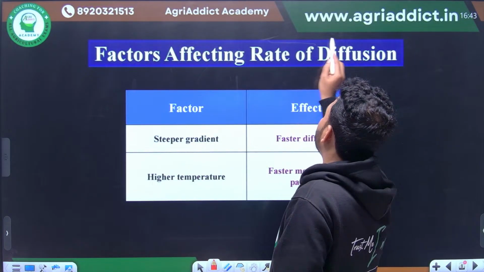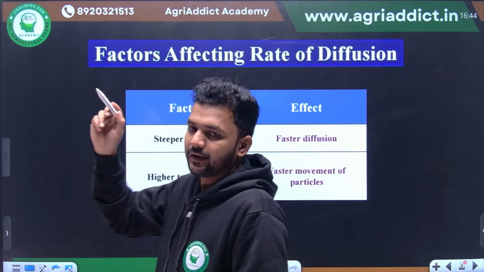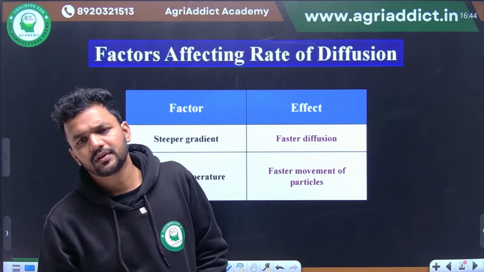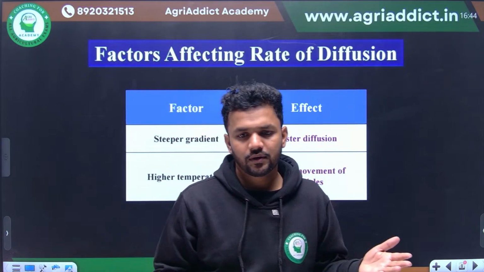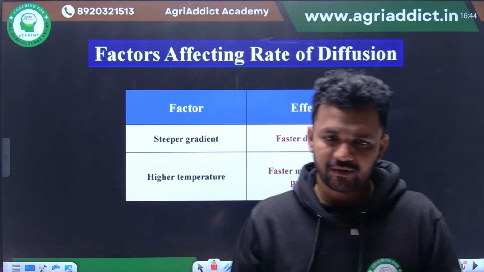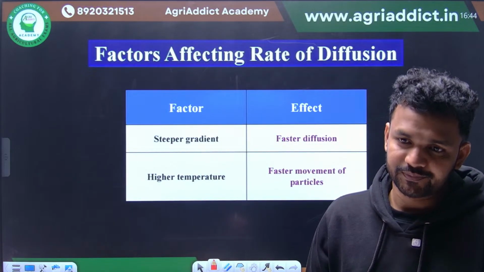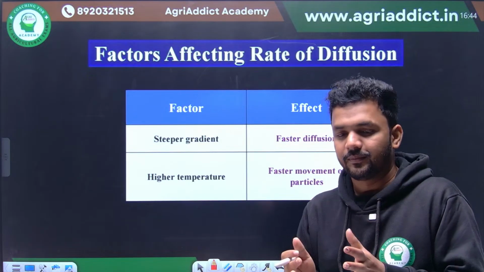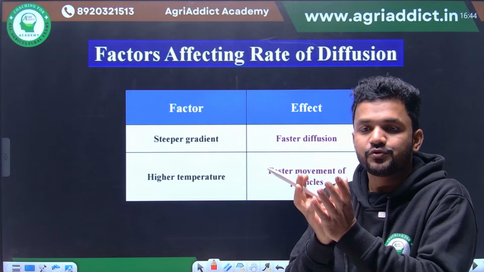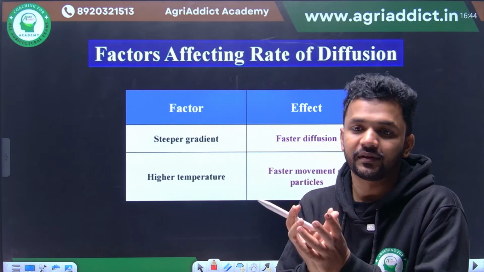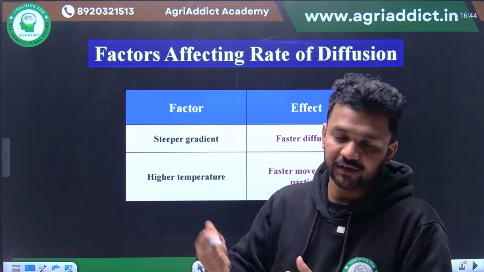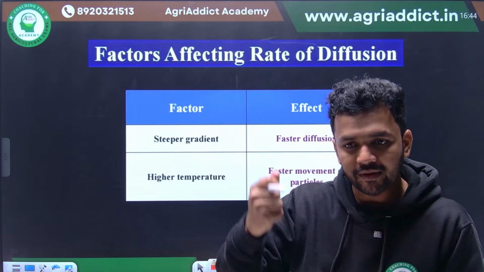Okay, now what are the factors that affect diffusion? Diffusion is a natural process. It will occur on its own. See, in a system, the presence of solute also creates some pressure. Pressure is not always external. Yes, sometimes externally we are applying the pressure.